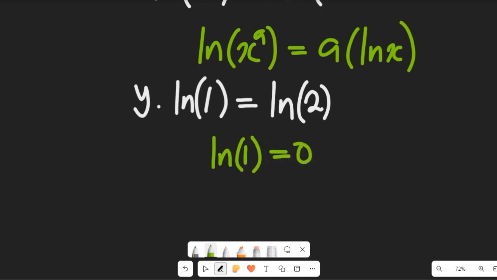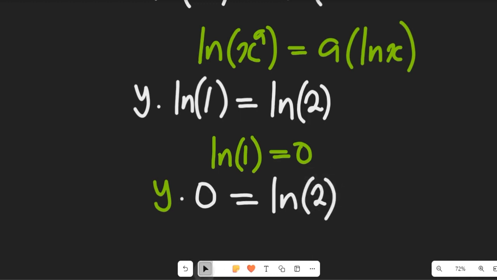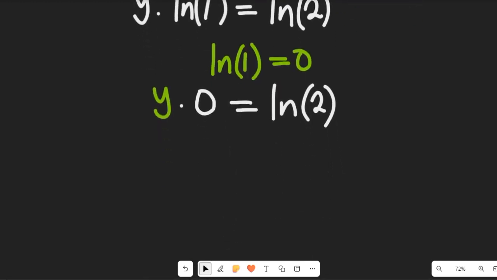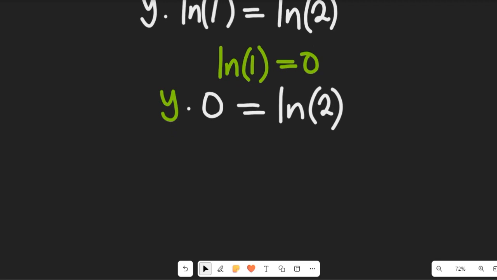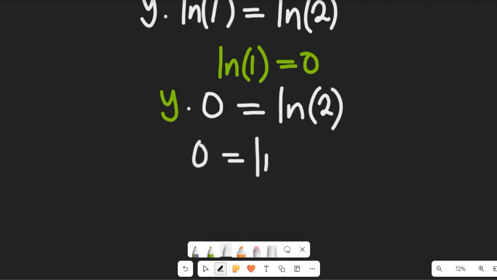So if that gives me 0, then y multiplied by 0 will be equal to the natural log of what? Of 2. So this expression will now give us y multiplied by 0 is equal to 0. So 0 will be equal to the natural log of 2.